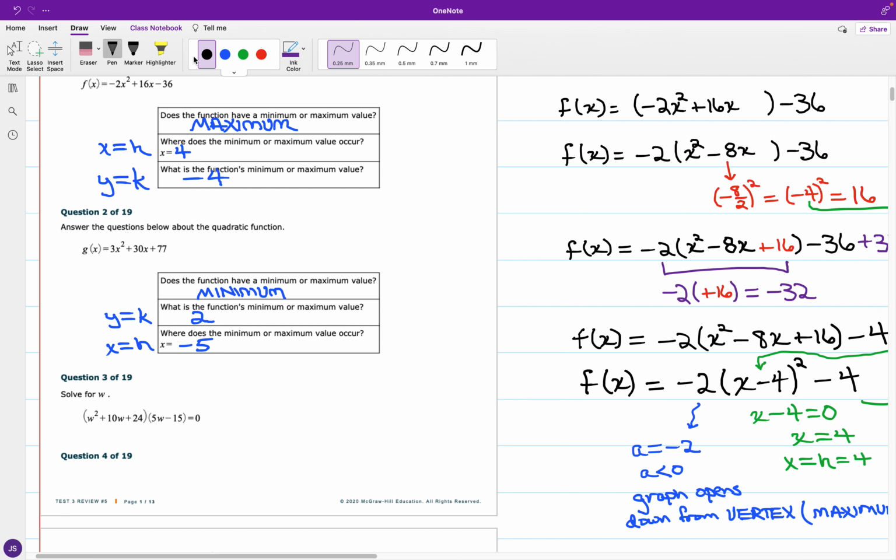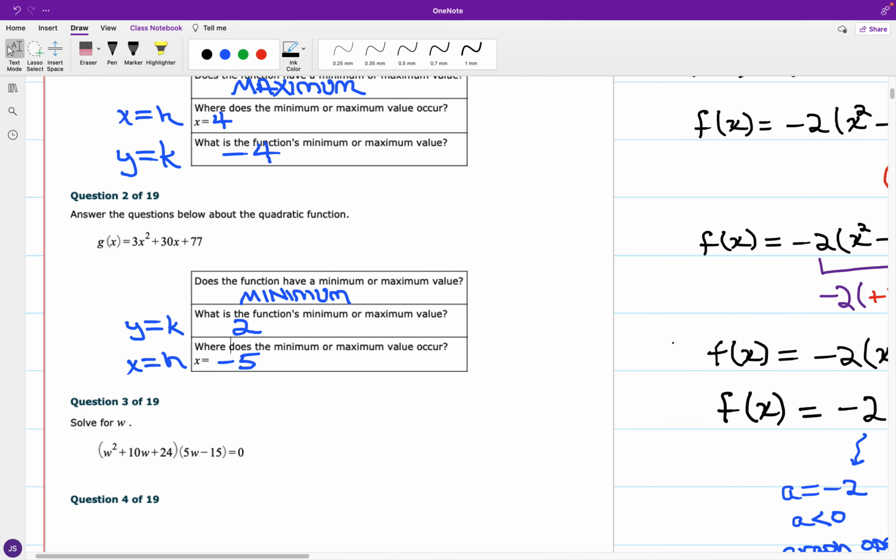Right. Okay. Now for the third item, we're looking at solving for w. Here we have factors, not completely factored forms.